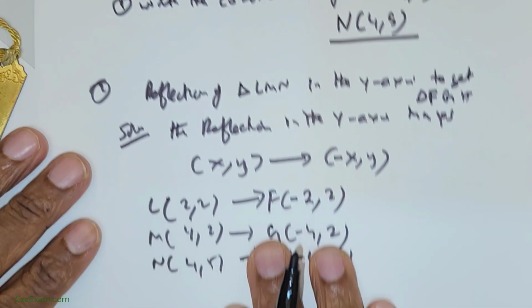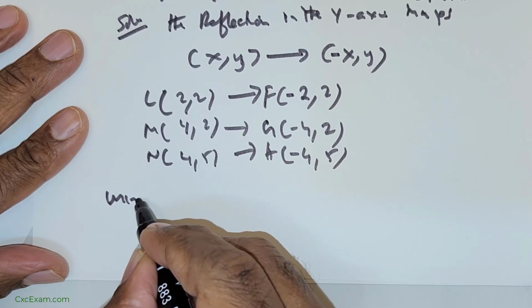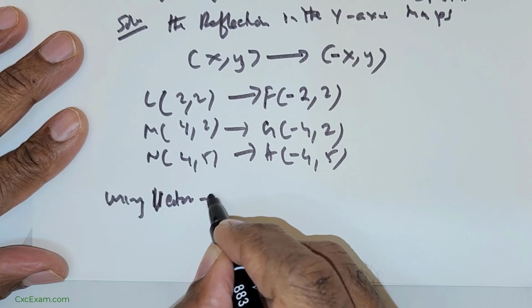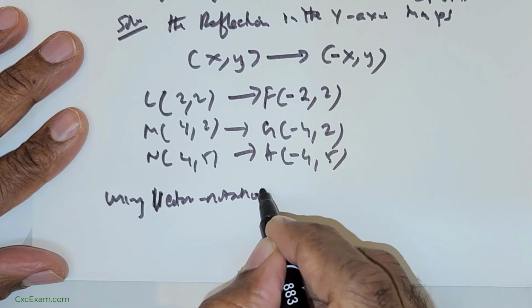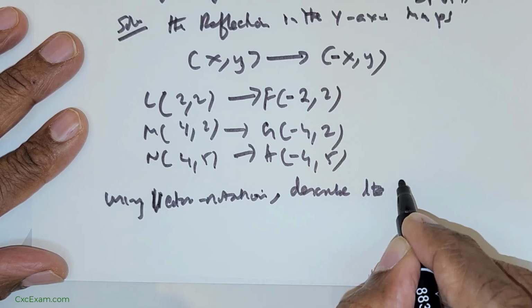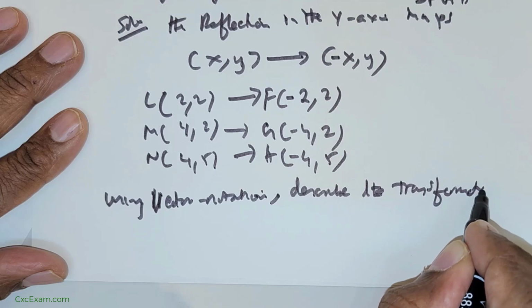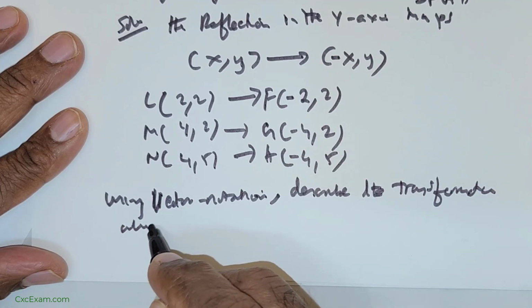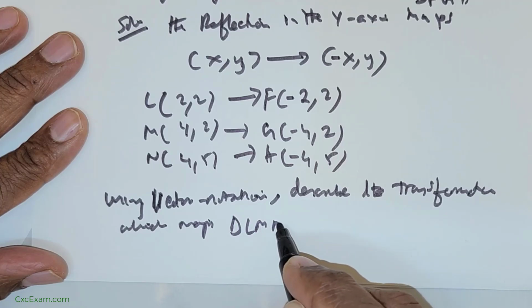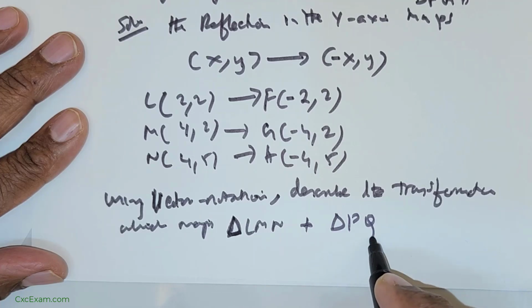Now this is the next question. It says that using vector notation, describe the transformation which maps triangle LMN to triangle PQR.